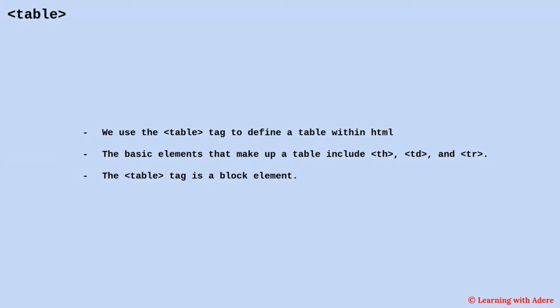If you don't have any data to organize, you have no reason to use a table. So now we're actually going to be talking about creating our own tables. Hopefully that makes a little bit of sense, so I guess we'll get started now.